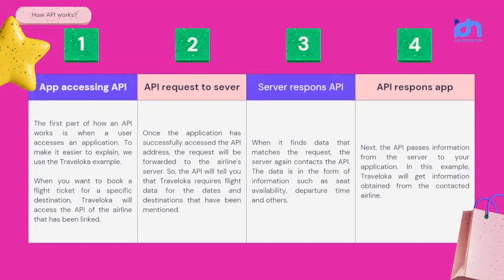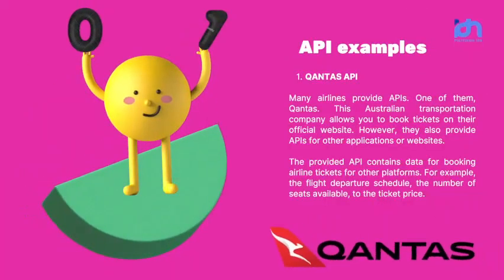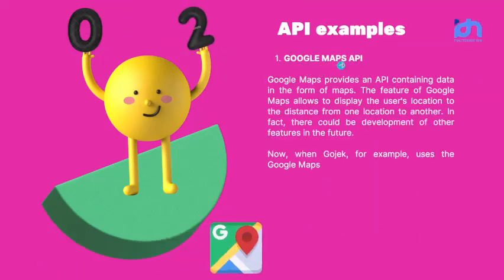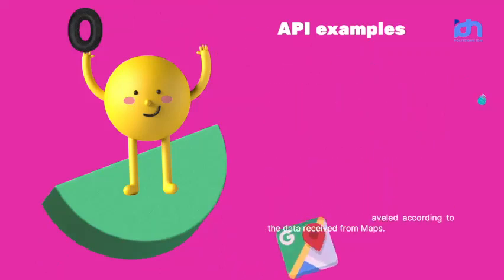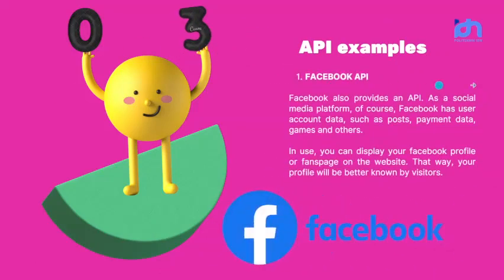If you finish reading, now we go next. API examples: Google Maps API, and Facebook API.